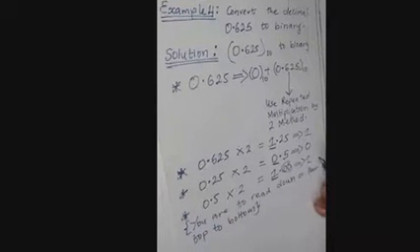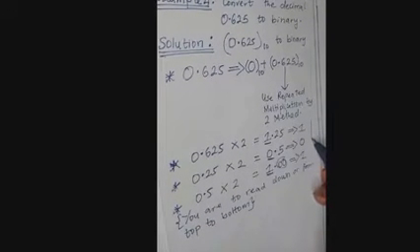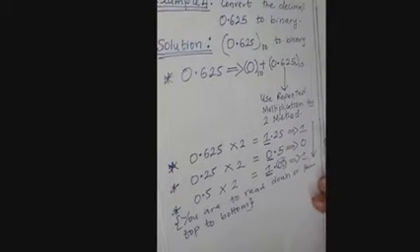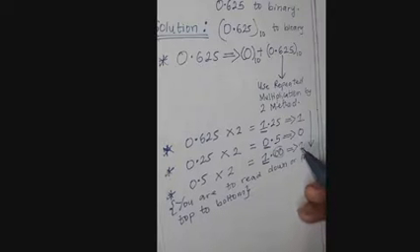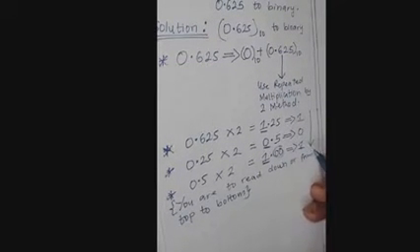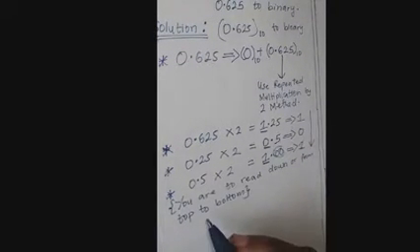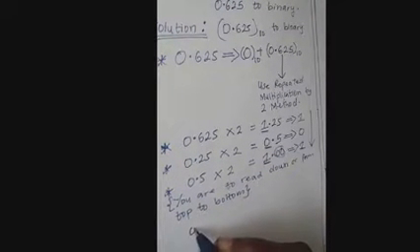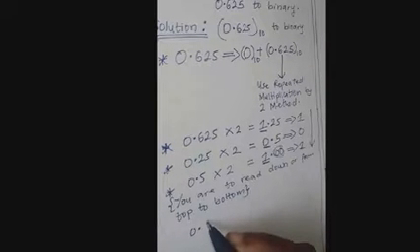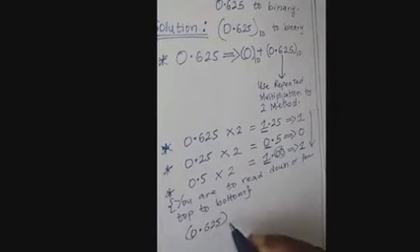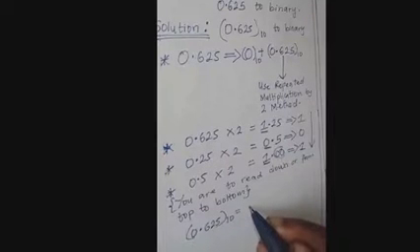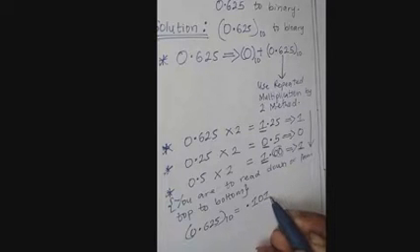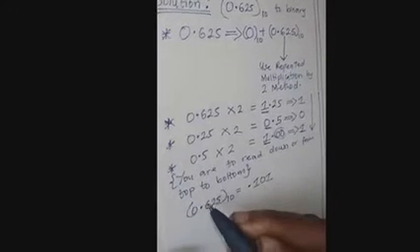So once you stop here, you are going to read down. Are you there? You are going to read down. So this will be 10. This will be 101. So this simply means that your 0.625 in base 10 is equal to 0.101.